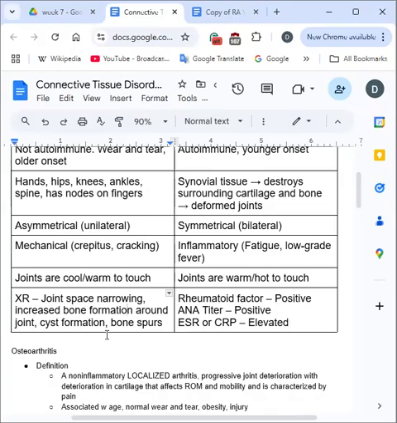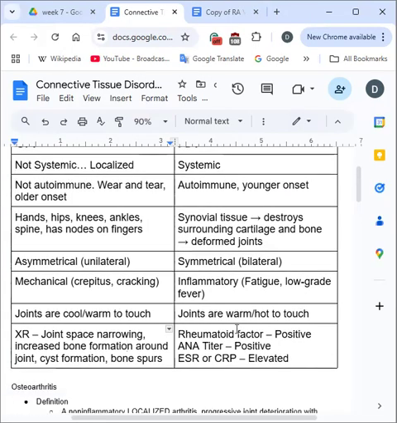While ways for RA to be looked at include a lot of inflammatory markers. So rheumatoid factor will come back positive, your ANA titers will come out positive, and your ESR and CRP, which are some of your inflammation markers, will come back elevated.